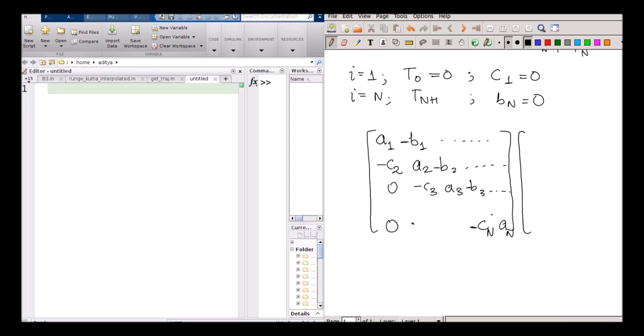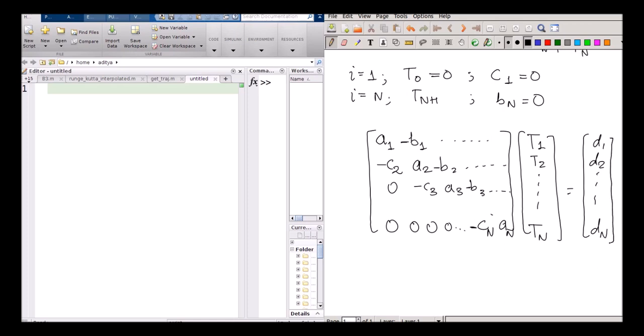So all of these should be 0. So T1, T2, all the way up to Tn is equal to D1, D2, all the way up to Dn. So this is the matrix form of the above tridiagonal system.